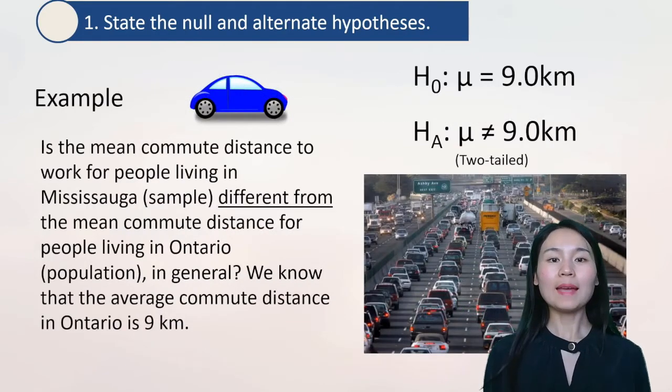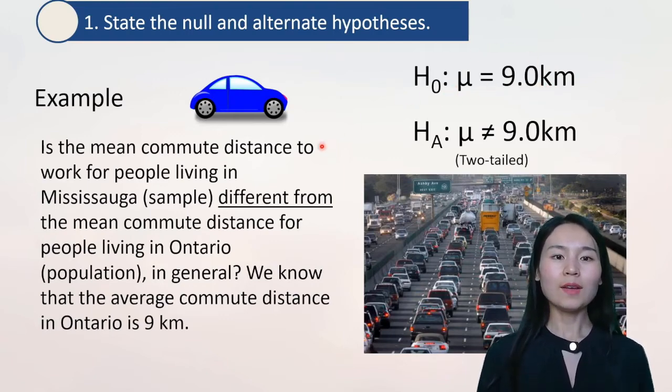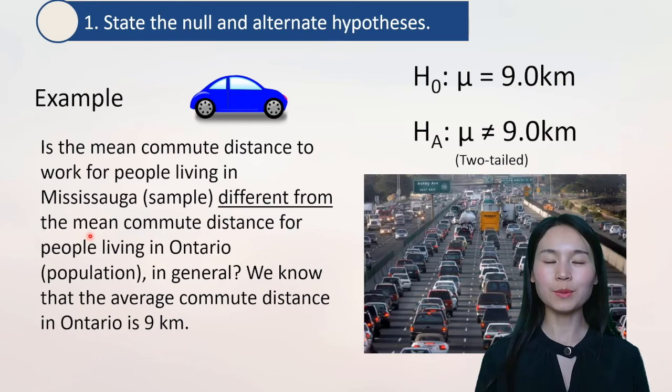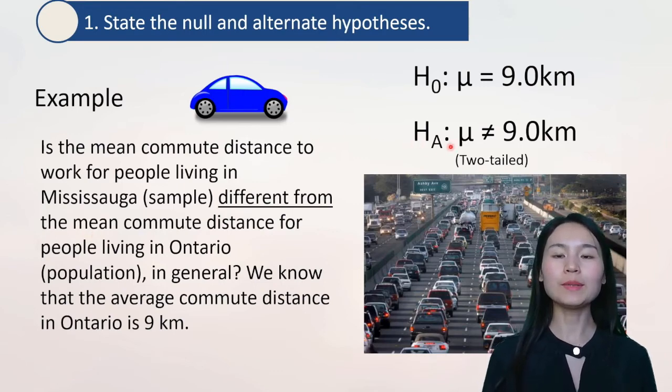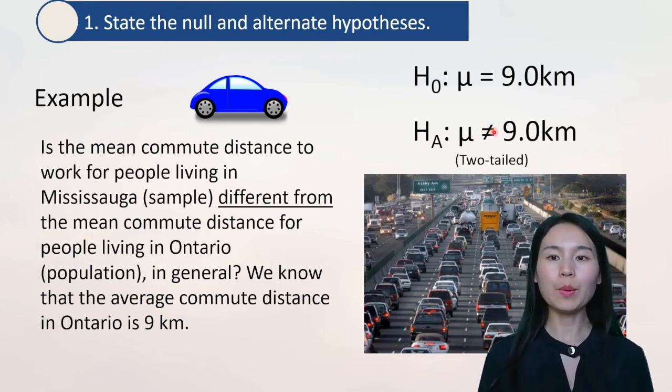Looking back at our question, we know that our hypothesized mean is 9.0 kilometers. So we can write our null hypothesis as mu equals 9.0 kilometers. And in the question, we are only asking whether it is different from the mean, so it is non-directional. So we use mu does not equal 9.0 kilometers, and it is two-tailed.